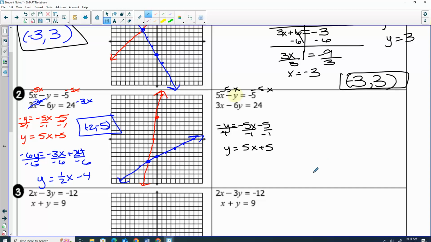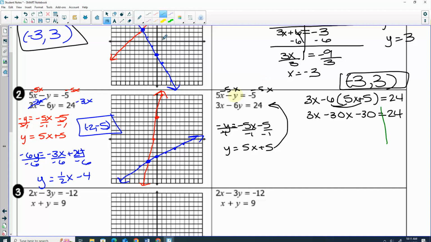Okay. Jetta, can you tell me what I do with that? Very good. So go to my second equation. So that's 3x minus 6, but I am replacing my y with what y is equal to, 5x plus 5. So if we distribute negative 6, that's a negative 30x minus 30. Okay, if you need to, you can draw a vertical line so you can keep your stuff straight.